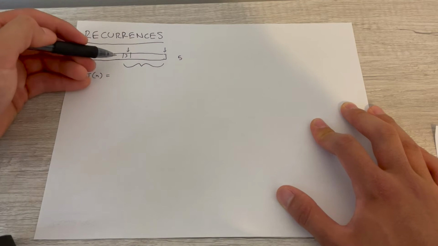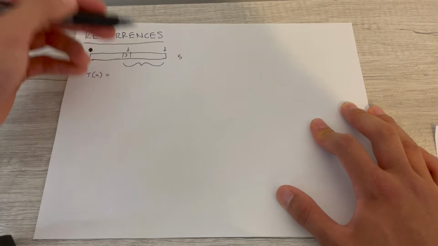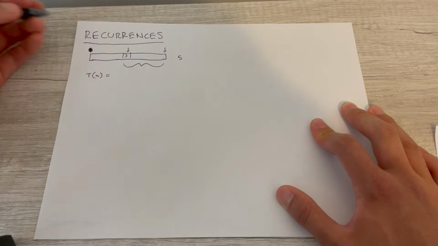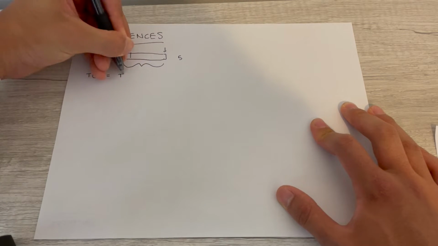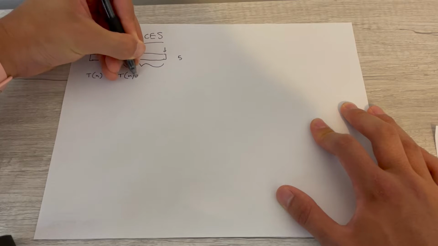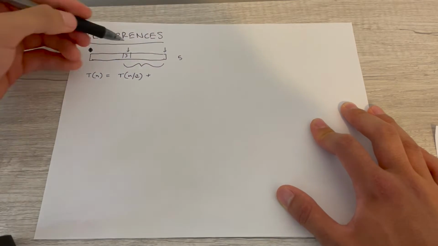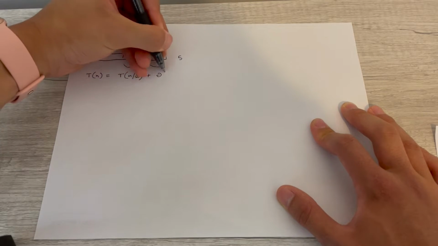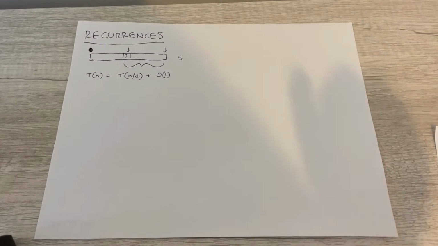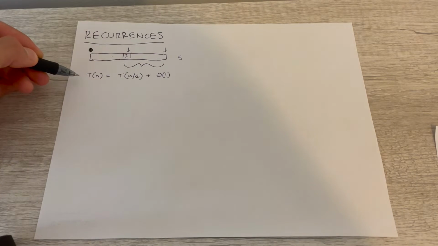Now, how big is this new array? Well, this new array is half the size of n. So the number of steps it takes is whatever T of n over 2 is, plus 2, which is the number of steps we took, which is constant. So we don't really care about 2 versus 3 or 1. This is what we call a recurrence.